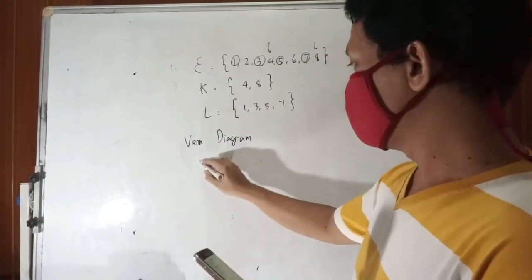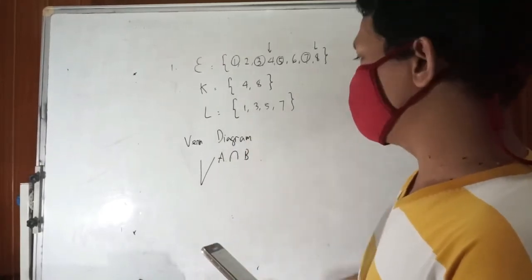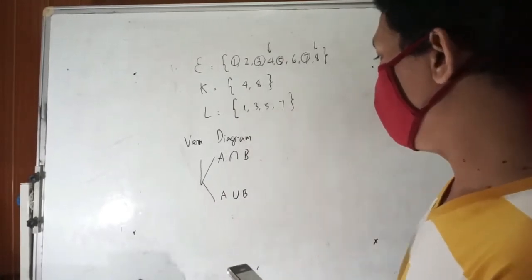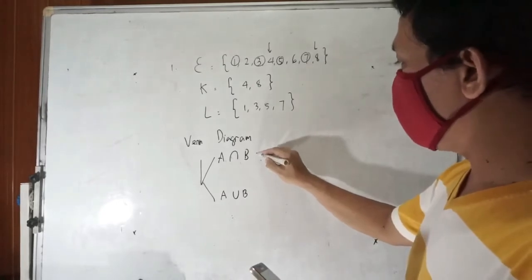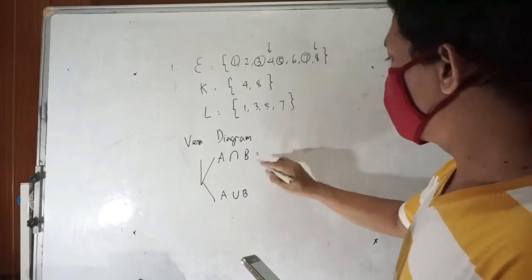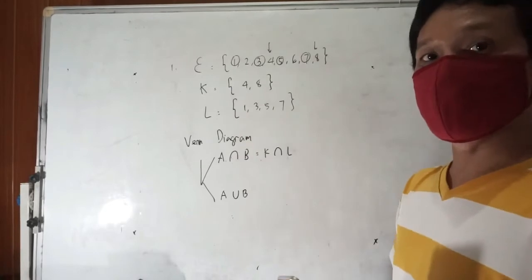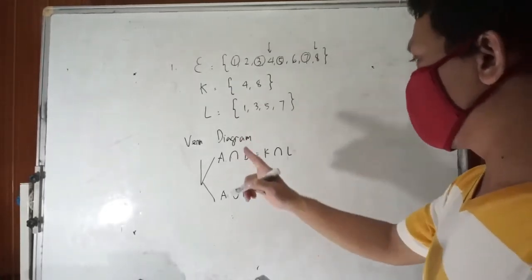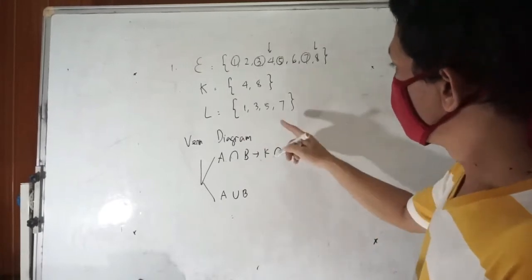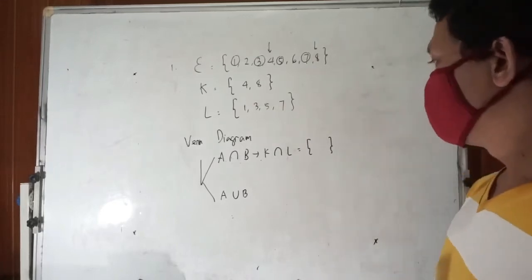First, check whether there is A intersection B or A union B. When we go to the intersection, it means K intersection L, because the sets that we are discussing are K and L. So K intersection L is the empty set. Yeah, empty set, no element.